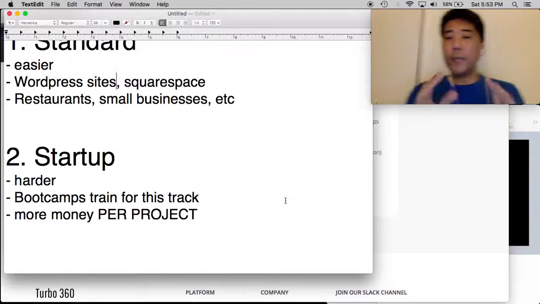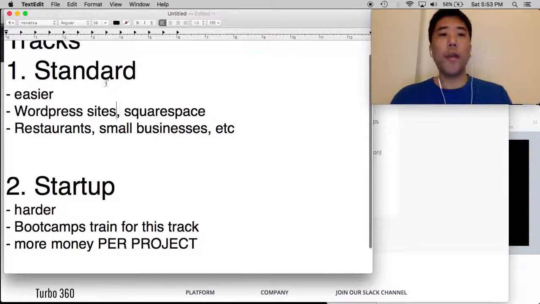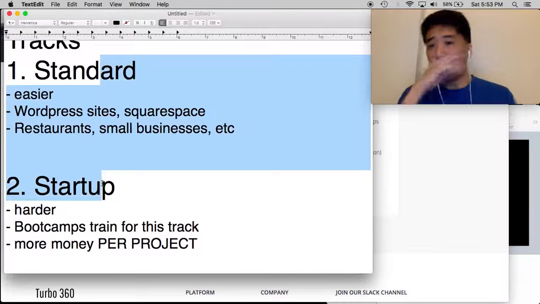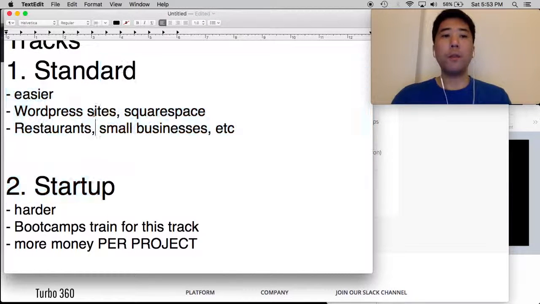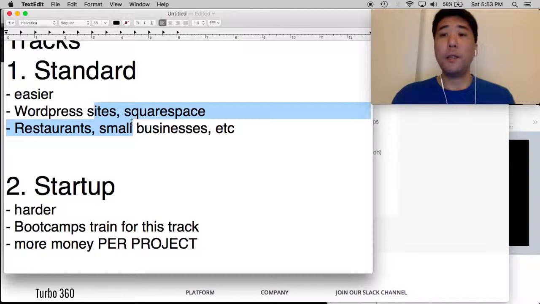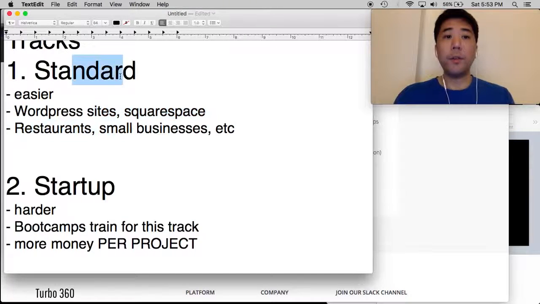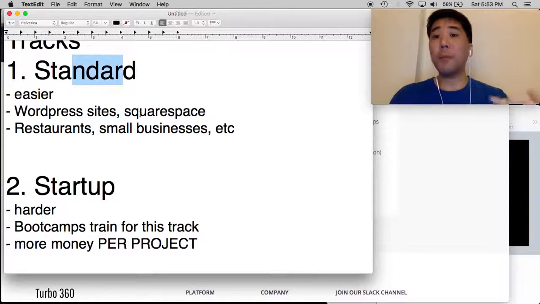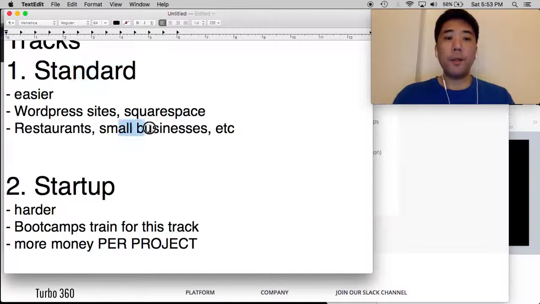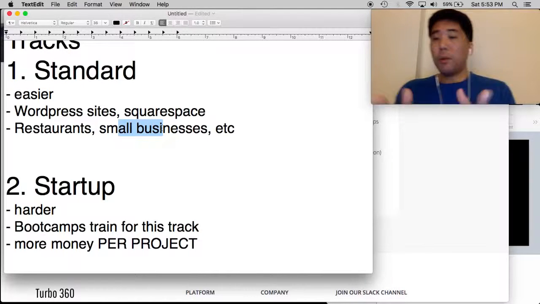So the reason this happened is because the two tracks have been conflated. They're not really the same. Well, if you have a simple project, then keep it simple, right? So even if you went to a boot camp that taught you all these sophisticated libraries, frameworks, and tools, and you got your first contract gig, which is just to make a website for a bar, well, then use the appropriate tools.